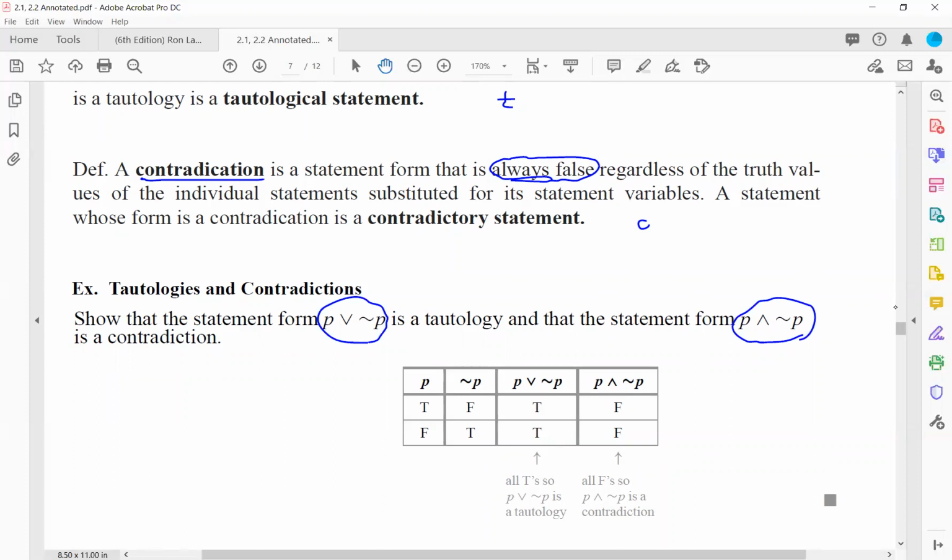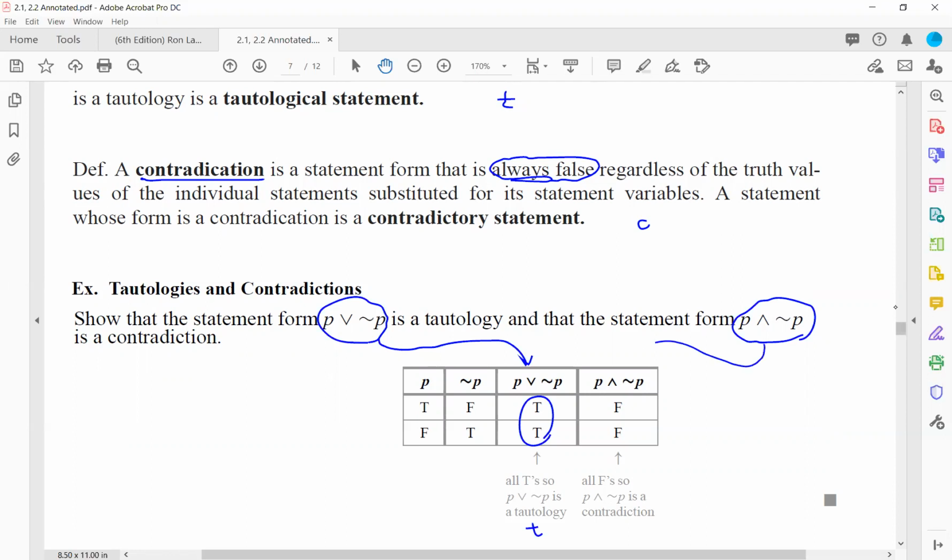P has only two possibilities: it can be true, it can be false. Not P, the negation, is false, true. P or not P: true or false is true, false or true is true. So as you can see, P or not P is always true and it is a tautology.